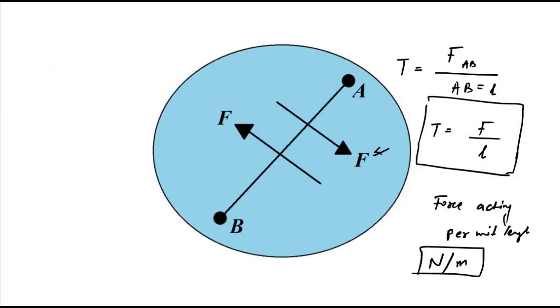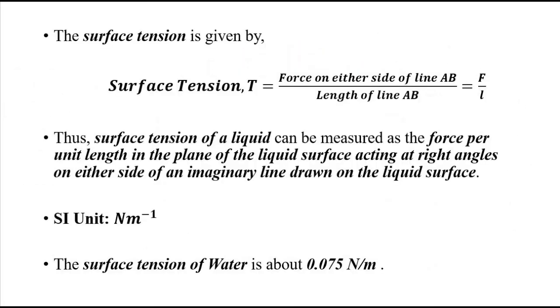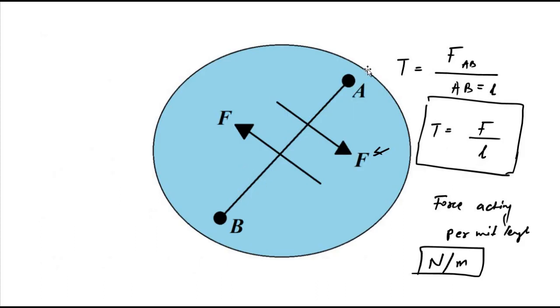It is given by F by L, where we pick a certain length on the surface of the liquid with force acting in equal magnitude, opposite direction on either side, and it is simply force acting per unit length on the surface of the liquid.